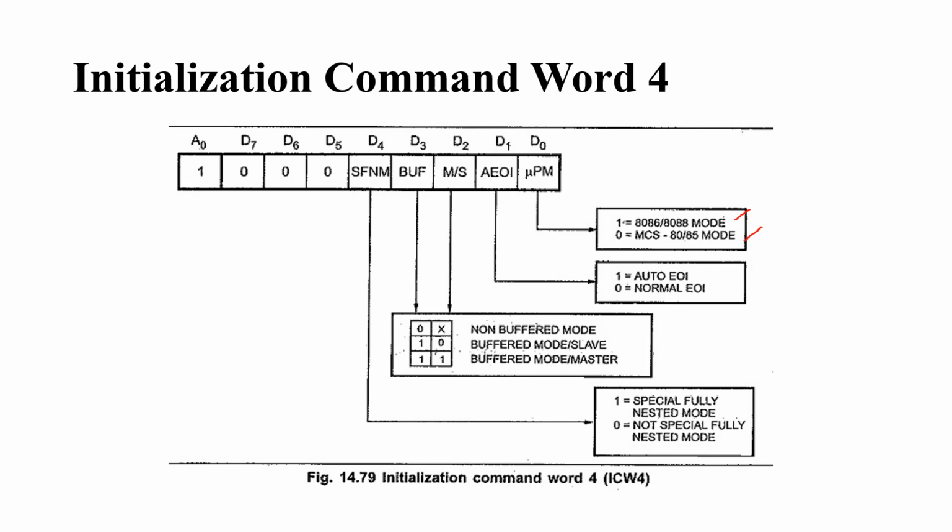There are two types of end of interrupt command. First is automatic end of interrupt and second one is normal end of interrupt. With automatic end of interrupt signal, 8259 resets the bit from in-service register on trailing edge of third interrupt acknowledgement signal.